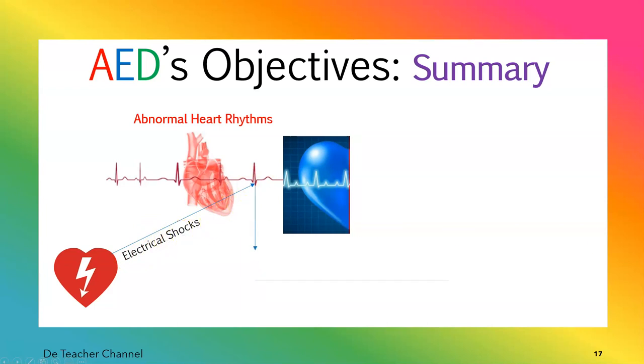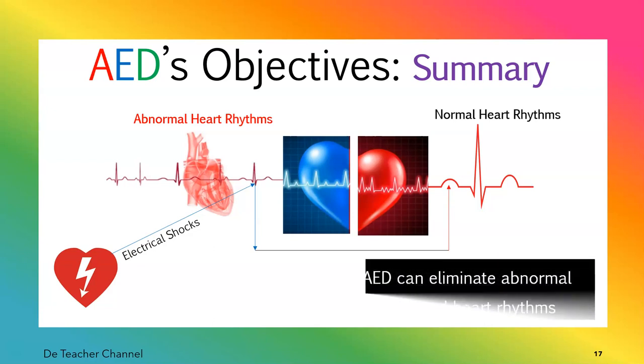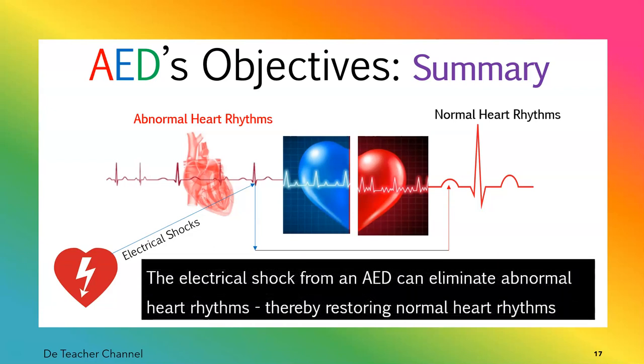It moves it from the abnormal region to the normal region. That is the restoration we're talking about. The electrical shock from an AED can eliminate abnormal heart rhythm and then restore normal heart rhythm.